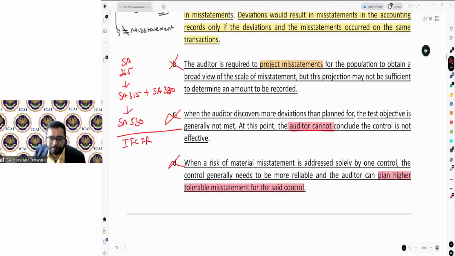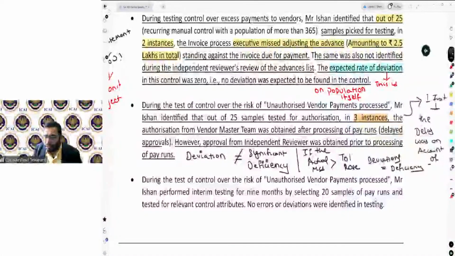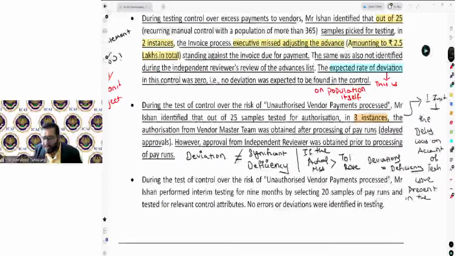For example, let's say the approvals were going through the system. However, in one instance, the person was not able to approve in the system because of a technical issue. Now that's an anomaly because this does not represent the whole population.